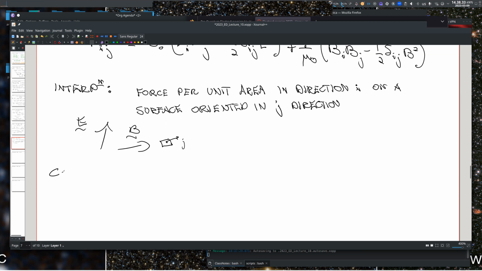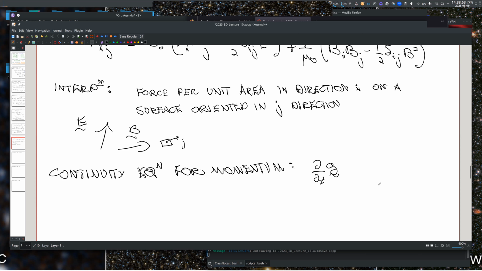the continuity equation for momentum, what does that tell us? It tells us that the time derivative of g, which is our momentum density here, plus the divergence of the Maxwell stress tensor is equal to 0.